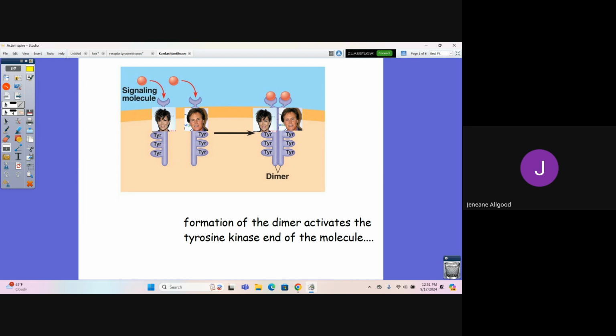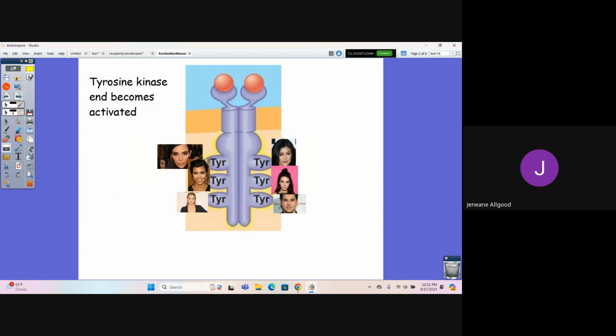Basically Kris and Bruce meet, and they get married, and that forms the dimer. So them getting married forms our dimer. And then luckily we have 6 Kardashian-Jenner children. So we've got Kim and Courtney and Khloe, Kylie, Kendall, and Rob.